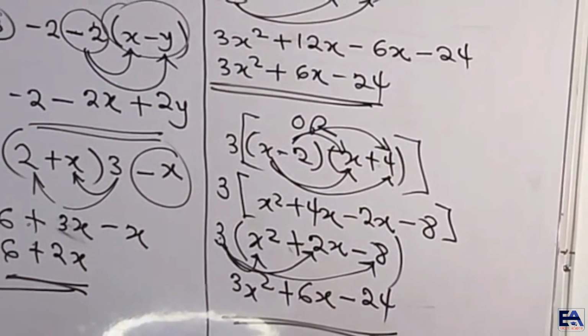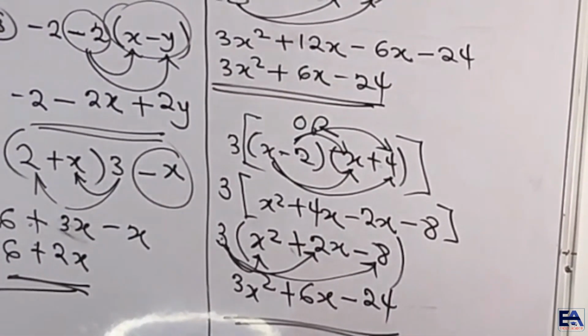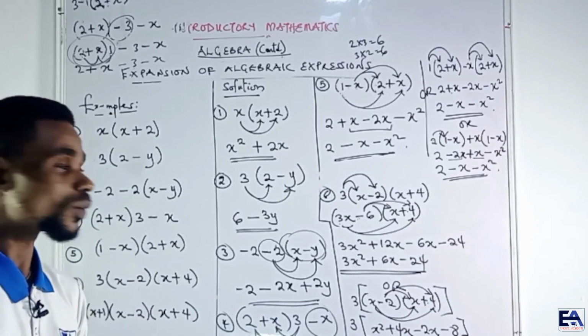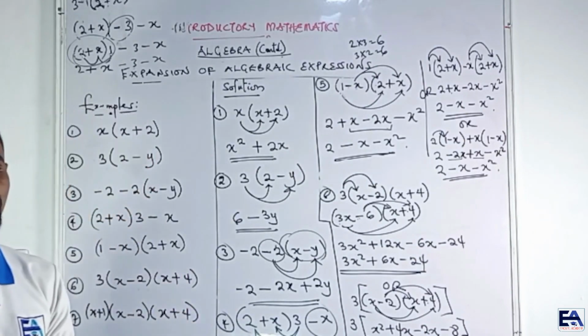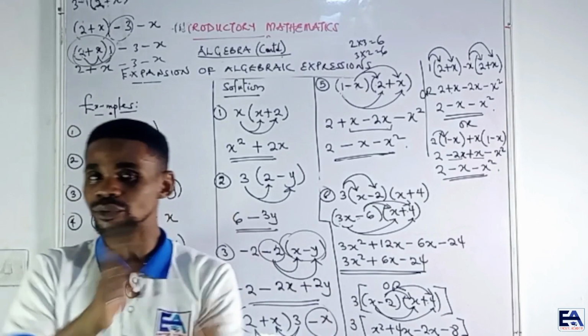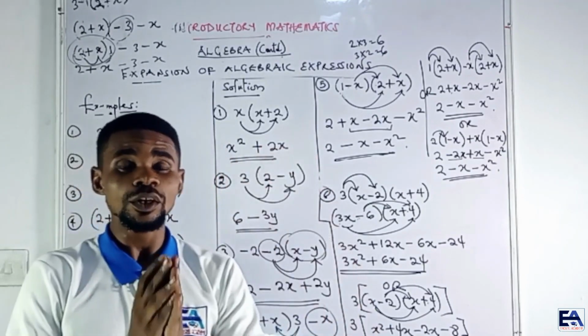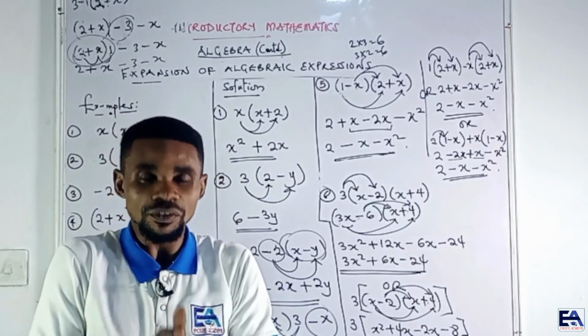So however it comes, it's up to you. Just keep doing what is right and you will keep getting the right answer. That is the slogan. Keep doing the right thing, and you keep getting the right results. So any method you choose to apply will still work, in as much as you are following the rules.